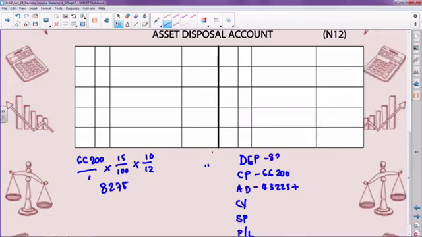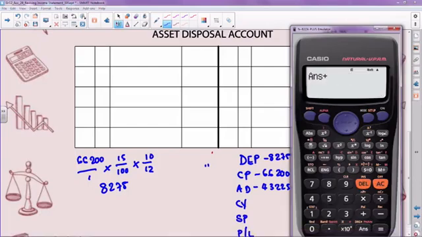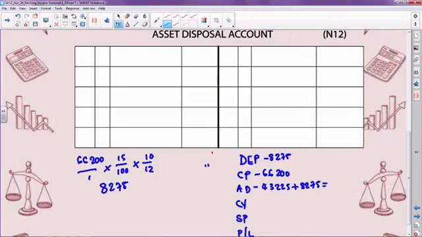Watch, 8275 as my depreciation entry, and immediately I add it to my accumulated depreciation, 8275 plus my 43,225, and that will give you a figure of 51,500.